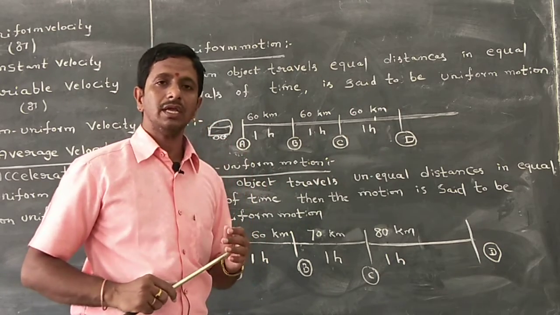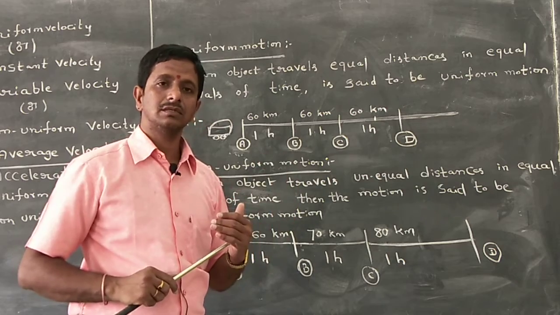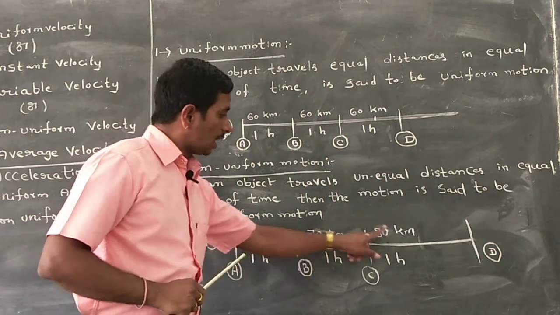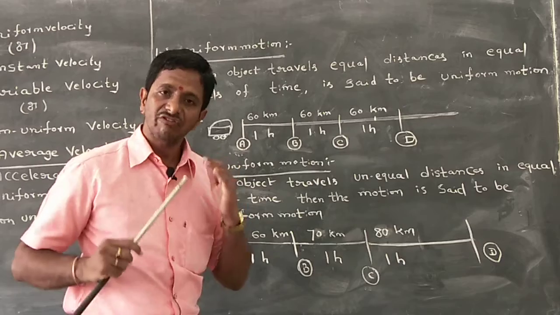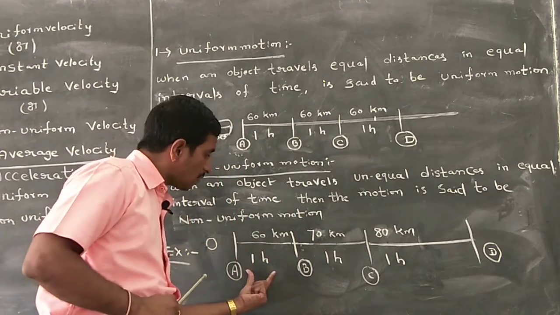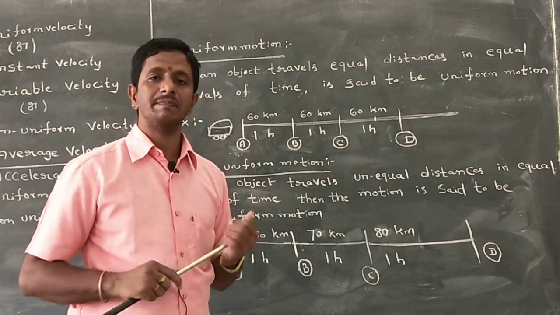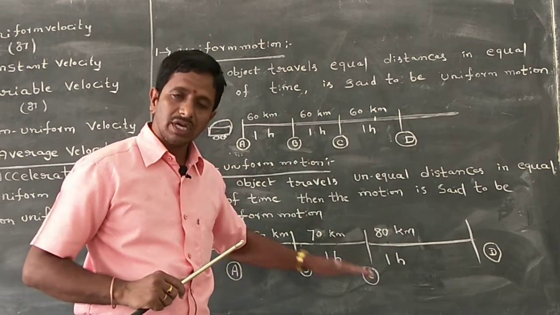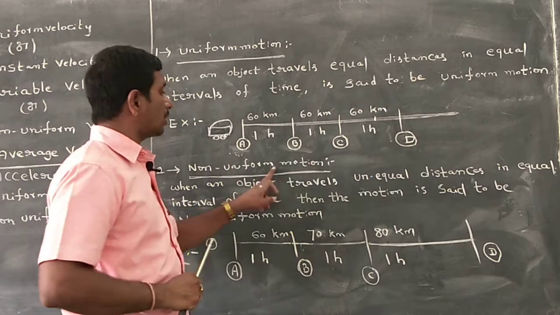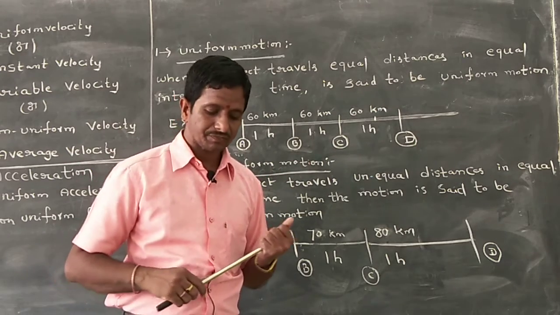When a body covers unequal distances with equal intervals of time, such a motion we can call non-uniform motion.